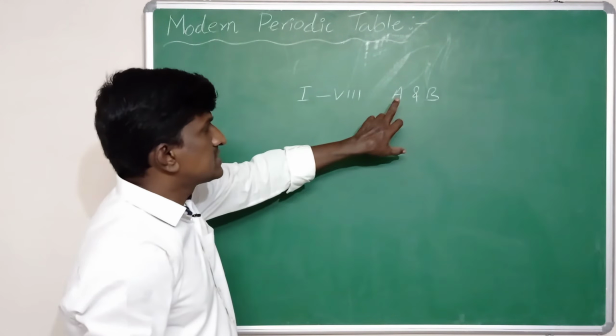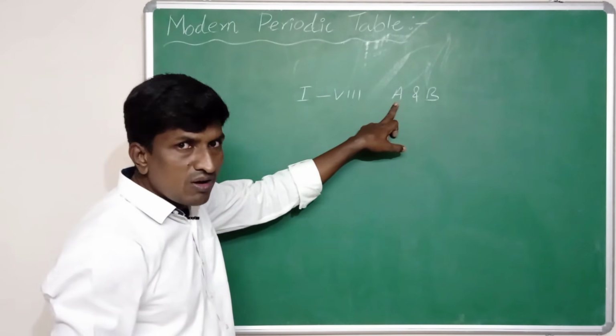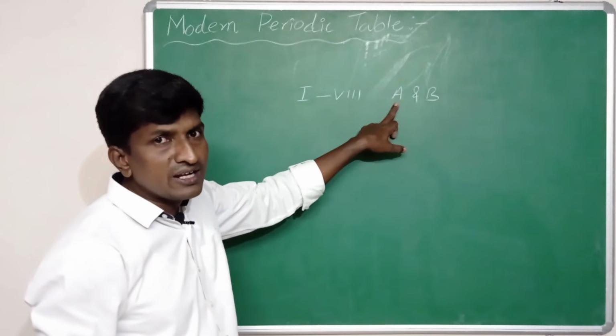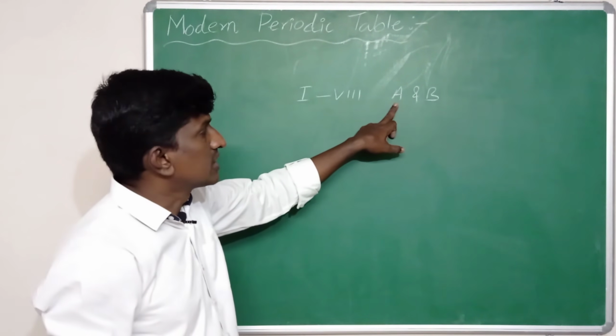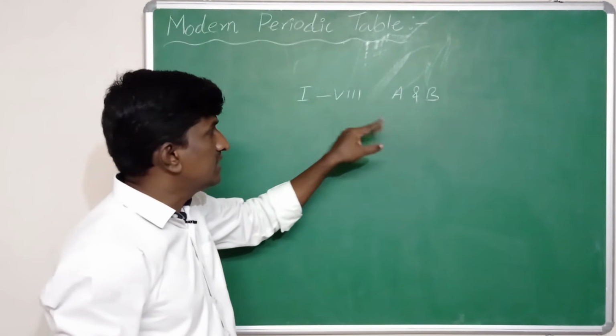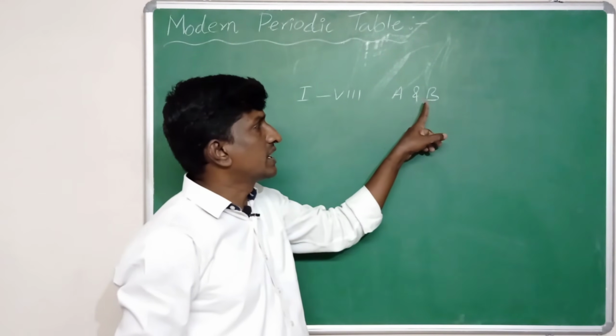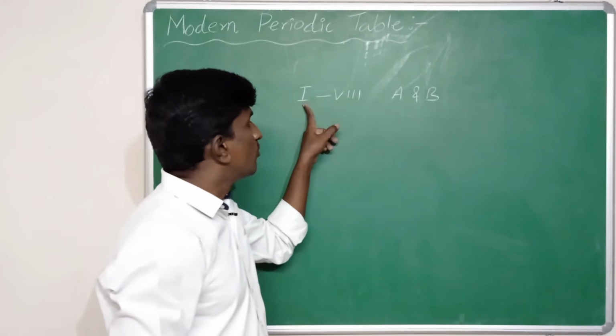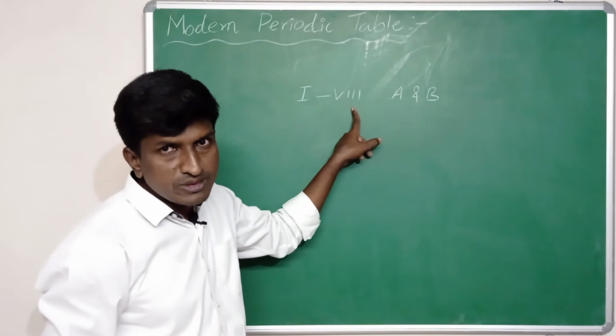All elements of S block and P block come under the 1A to 8A series, and the D block and F block elements come under the 1B to 8B series.